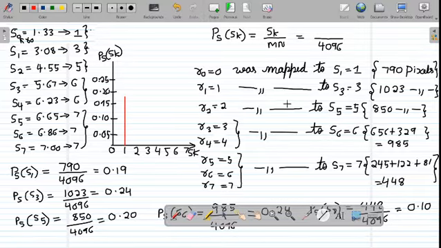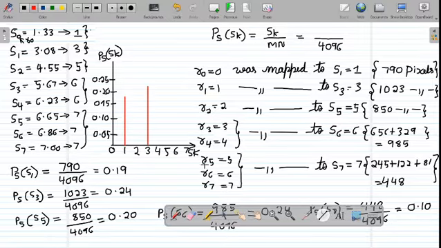Next S2, there is no S2, we need to consider S3. The probability of S3 is 0.24. Next S4, there is no S4.